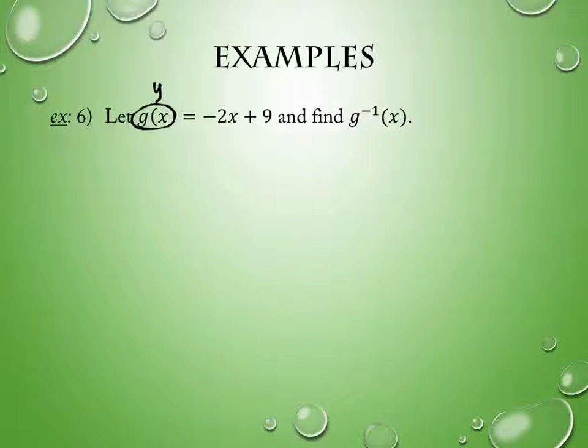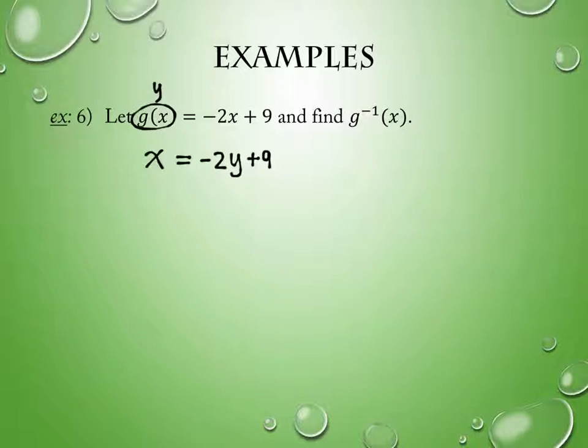So I change it to x. And I change my x to y. So step 1 is just switching x and y. X's become y's and y's become x's. And remember, g of x is just another way of saying y. So that's why it changed down into x.